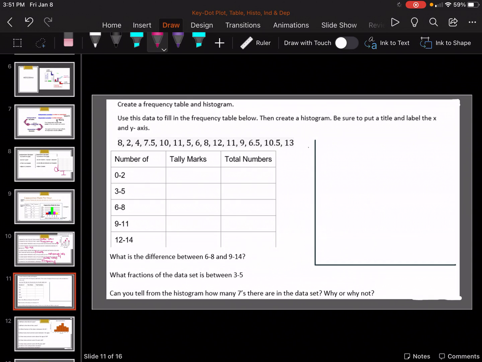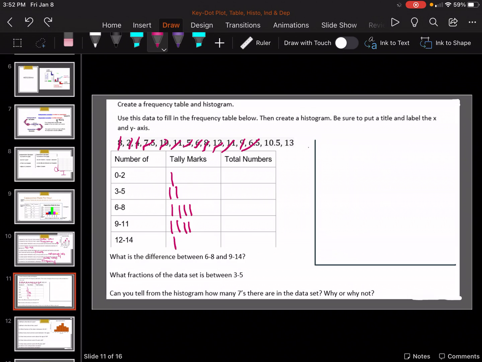So here we go, let's make a histogram. We're going to put our numbers into the frequency table first. I'm going to do tally marks. So I'm going to start with 8. It's going to go here, 2, 4, 7.5, 10, 11, 5, 6, 8, 12, 11, 9, 6.5.